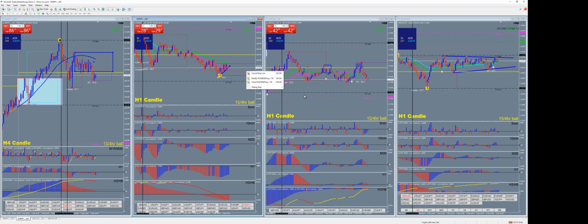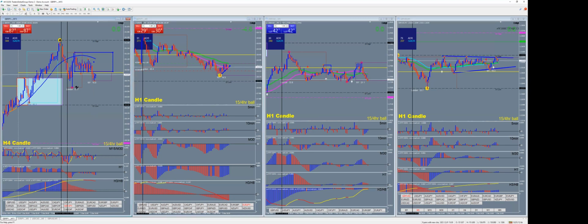If you guys see a setup anywhere else, just don't hesitate to call it out. I didn't get a chance to look at all the pairs beforehand. But let's see.